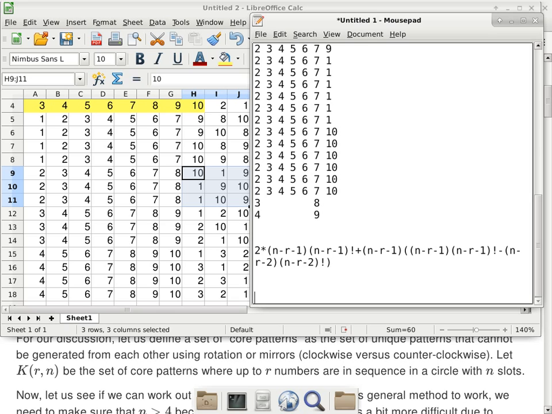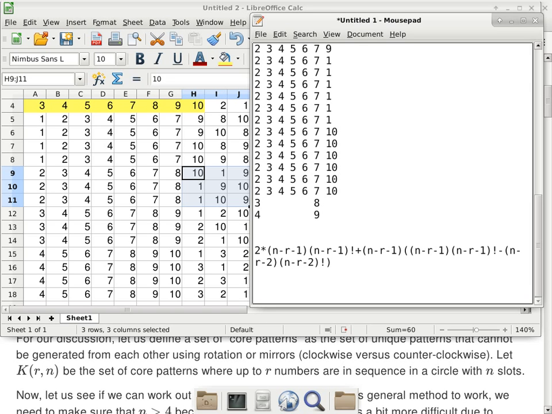This is the total number of chord sequences, or the chord ways of assigning the sequences, for any n and any r, but n minus r has to be greater than or equal to 2, because otherwise it doesn't make any sense. Okay.